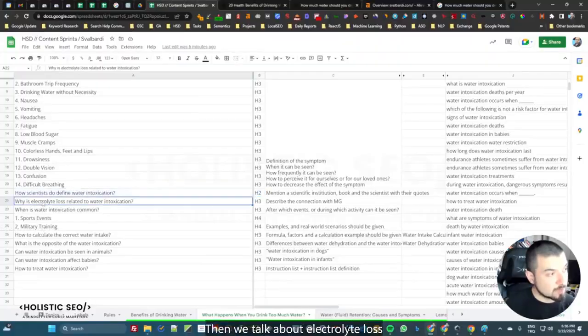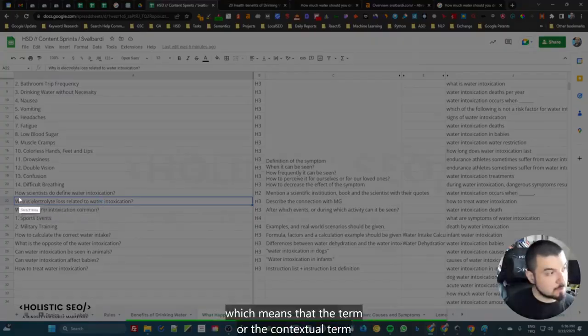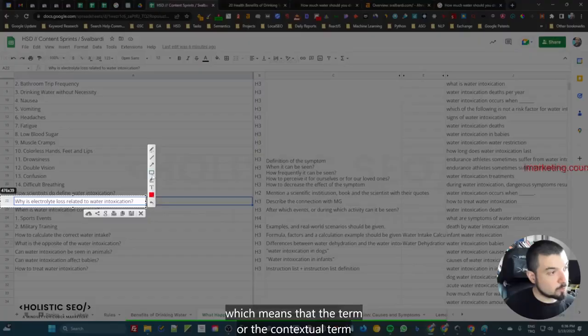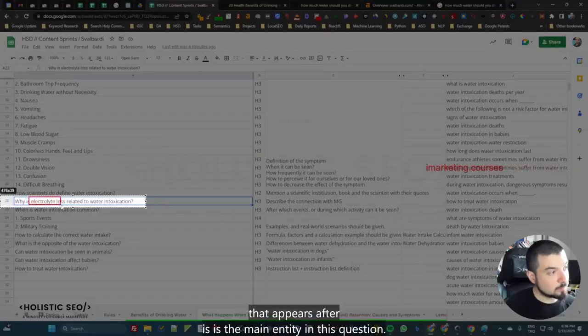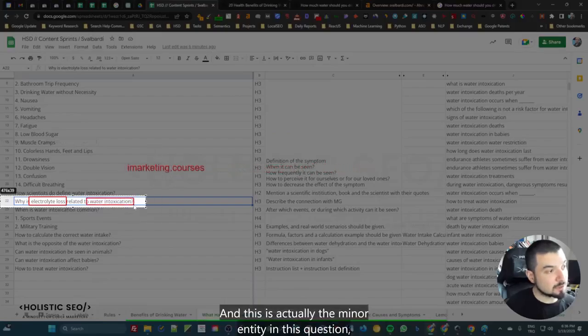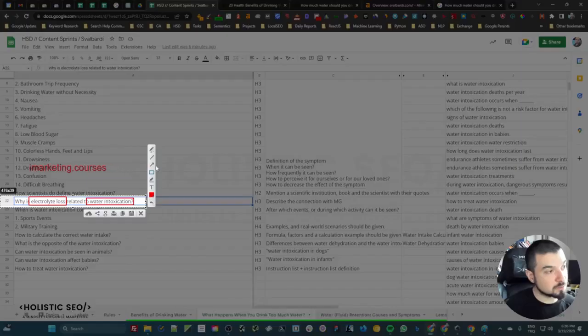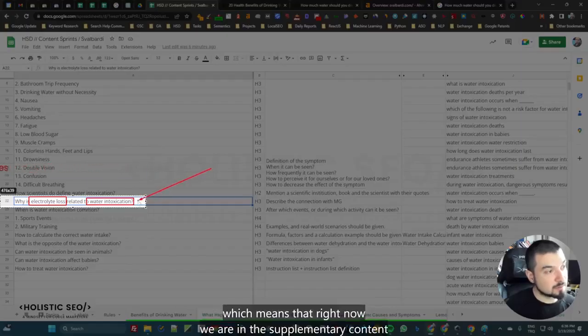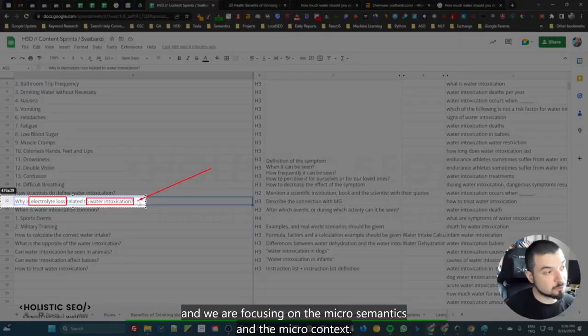Then we talk about the electrolyte loss and why it is related to water intoxication, which means that the contextual term that appears after is the main entity in this question. And this is actually the minor entity in this question, which means that right now we are in the supplementary content and we are focusing on the micro semantics and the micro context.